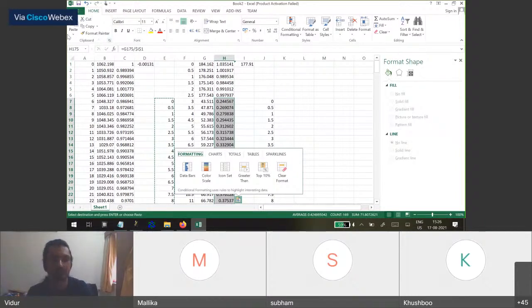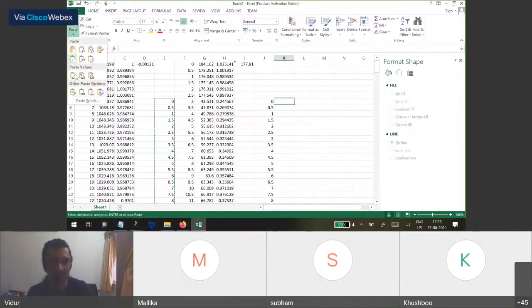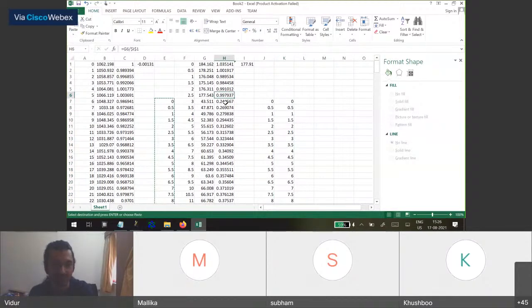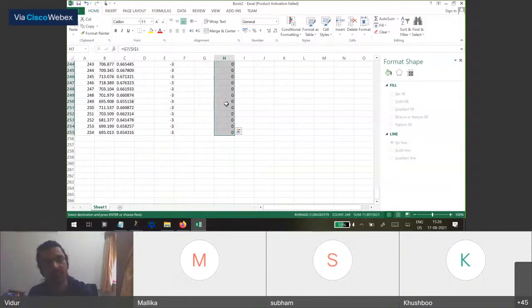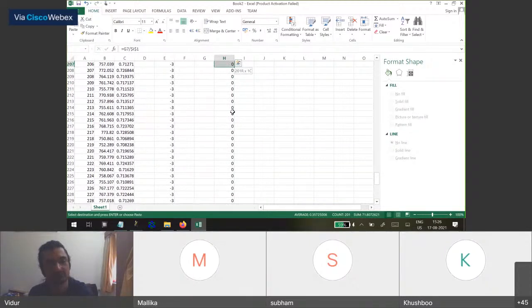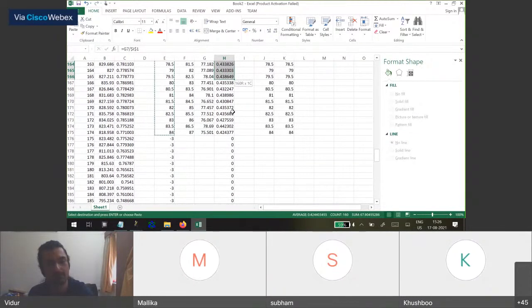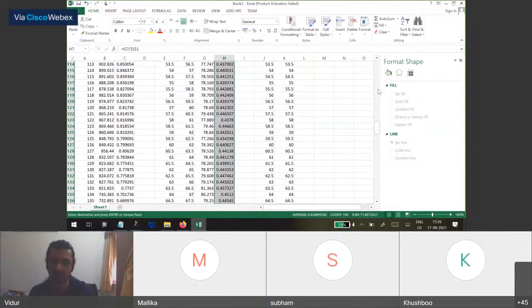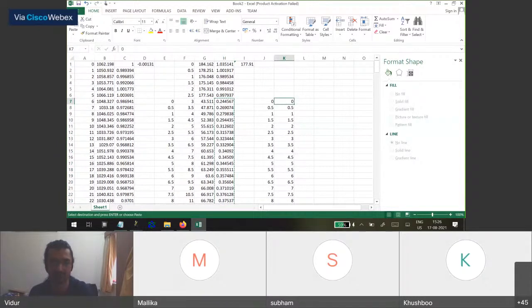So just copy paste. Yeah, so you can copy paste the values, and now you'll get 2 columns like so. One is time, and the second is the normalized intensity of your recovery profile.